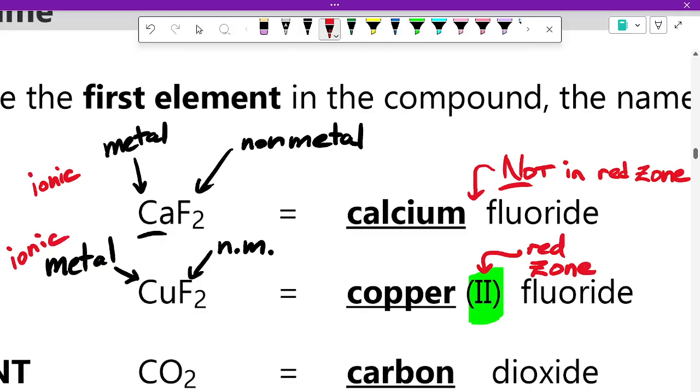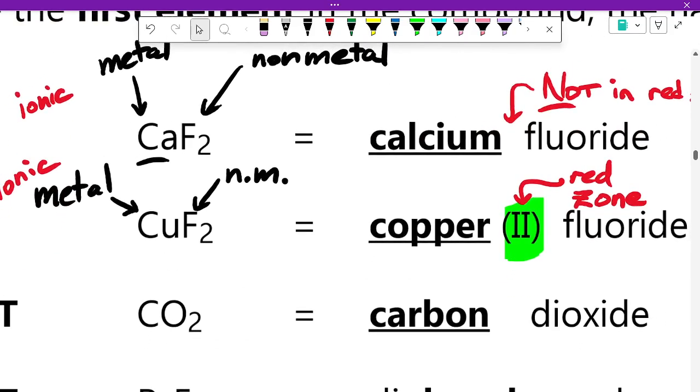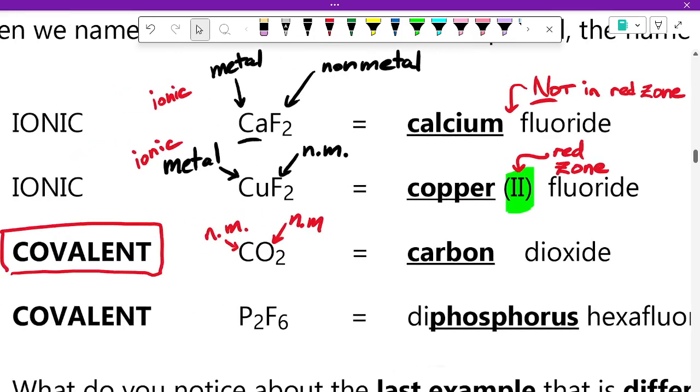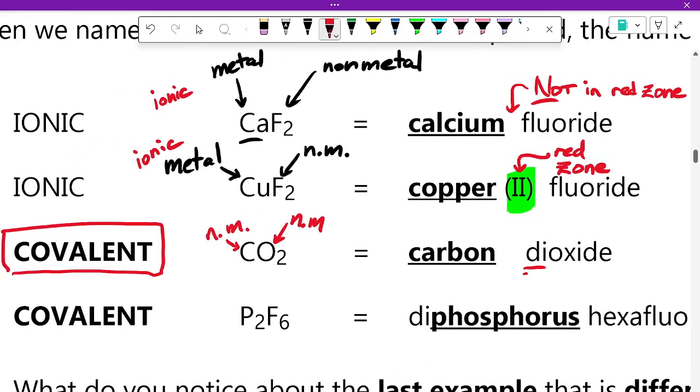Now what about CO2? What is C? Carbon. Is carbon a metal or a nonmetal? Non-metal. How about oxygen? Also non-metal. So what type of compound do we have? Covalent. That is a covalent compound, and we are going to learn that covalent compounds use those prefixes.